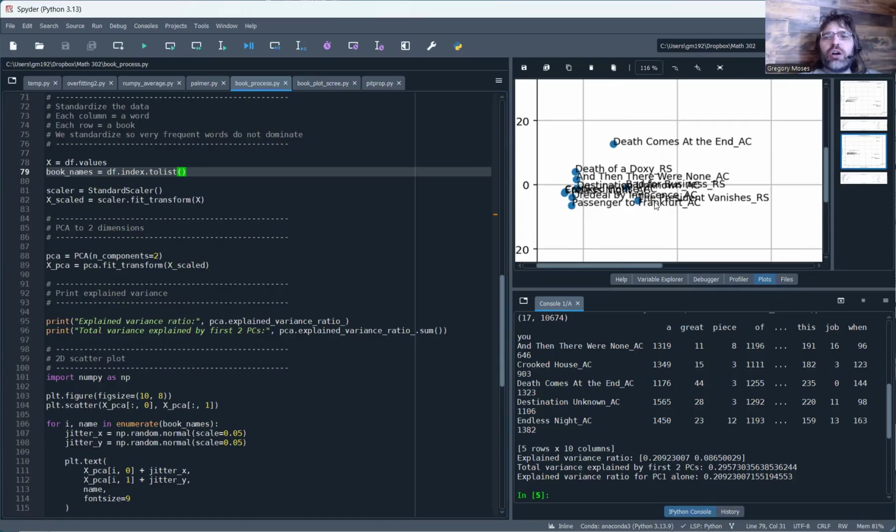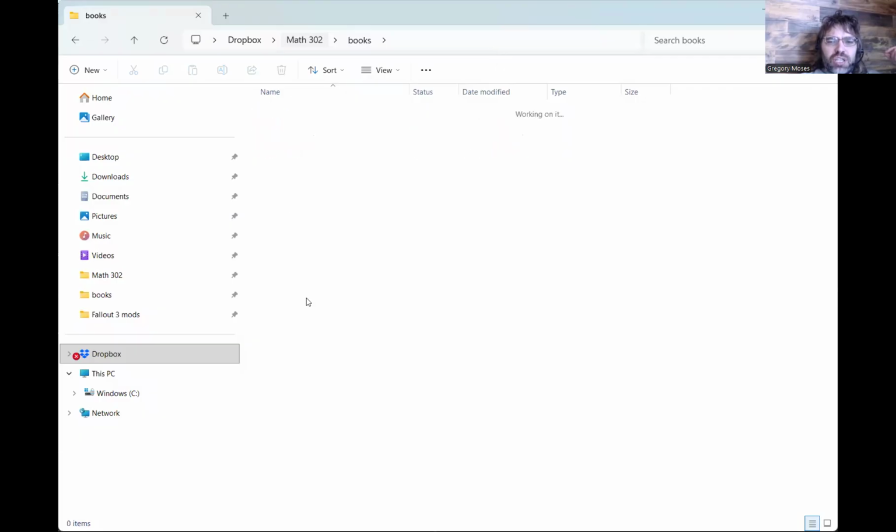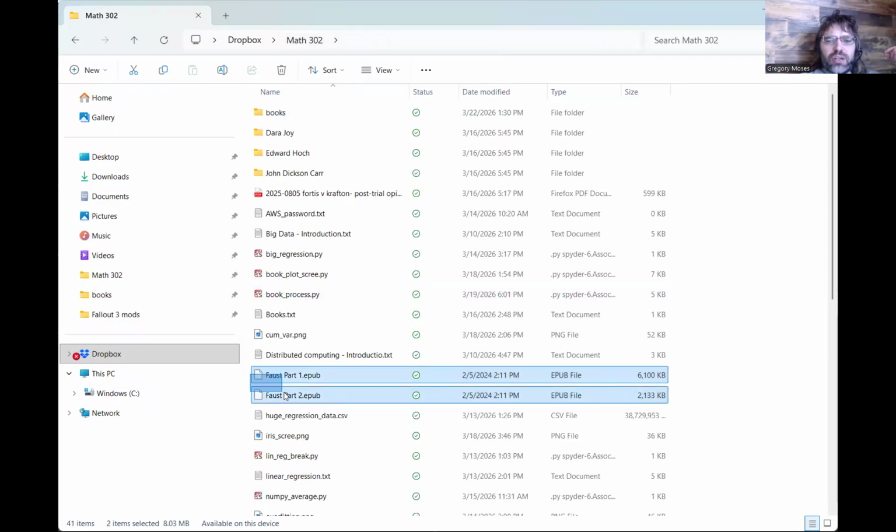So it's very hard to know exactly what this second component means. And that's quite typical of principal component analysis. One thing we will see, though, let's throw in Faust.